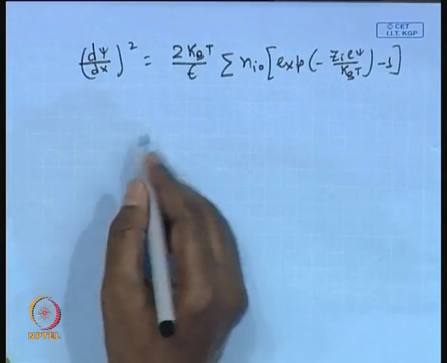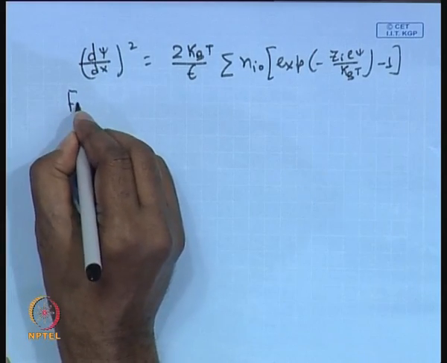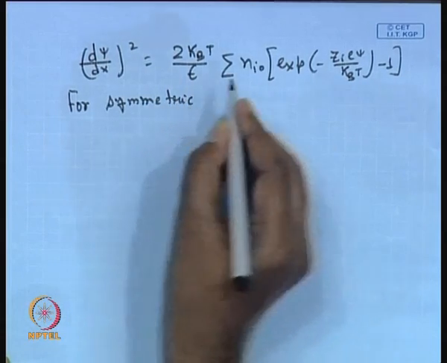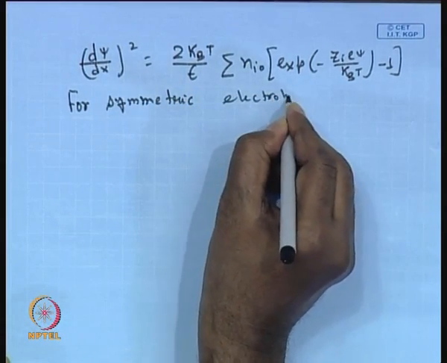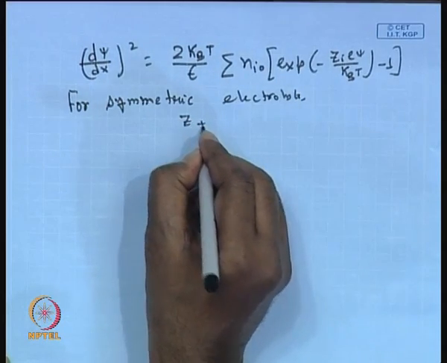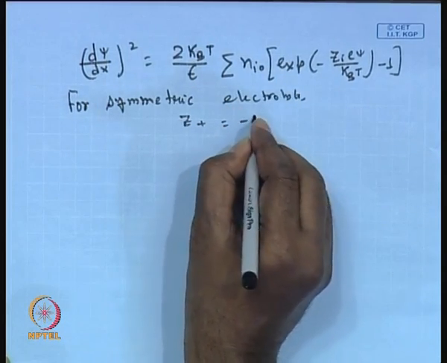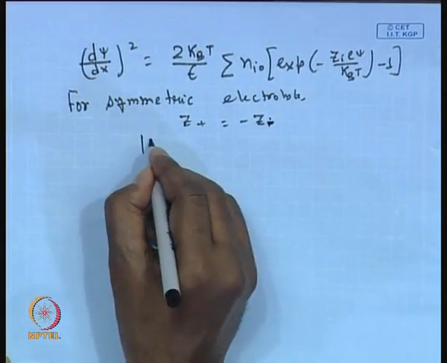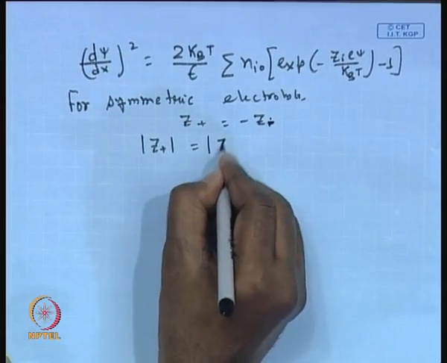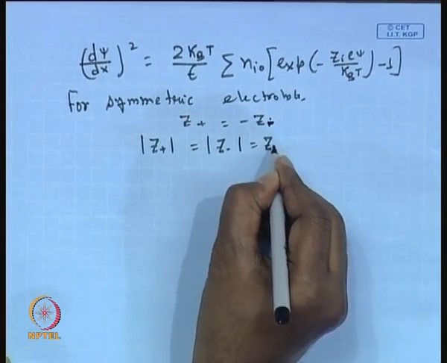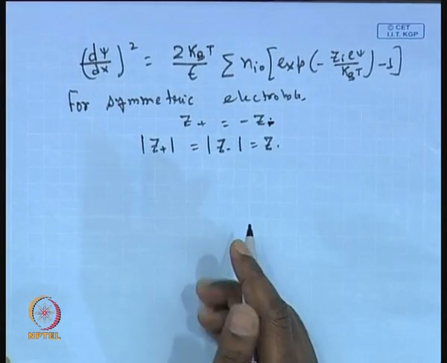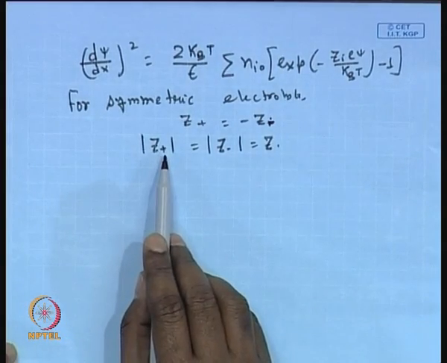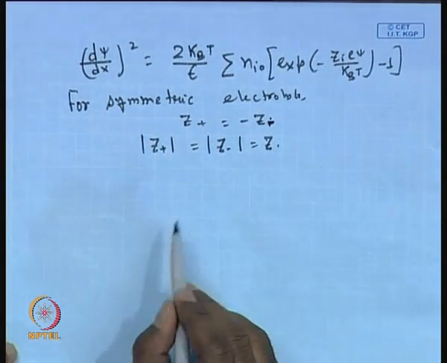So, for symmetric electrolyte, we have Z plus is equal to minus Z minus, right. So, basically mod of Z plus is equal to mod of Z minus, let us say we denote it by Z. It is like NaCl, right, plus 1 minus 1. So, mod value will be 1. So, modulus of Z plus and modulus of Z minus will be denoted by, let us say, Z.